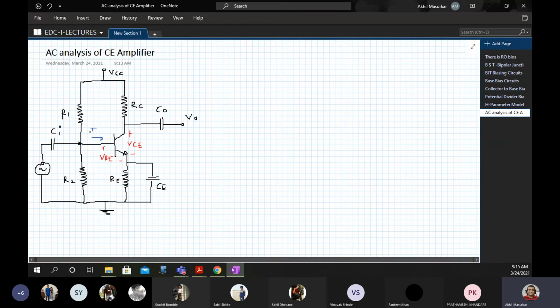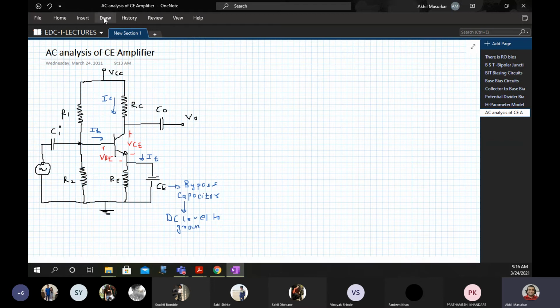Here we will have IB, here we have IC, and what will flow through this is IE. Now CE is called a bypass capacitor. So what does it bypass? It blocks the DC level.